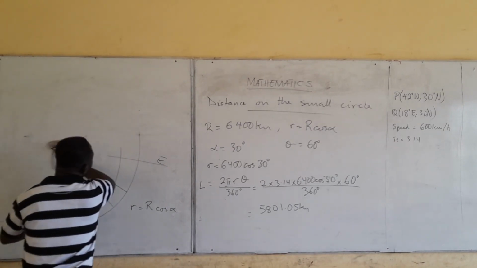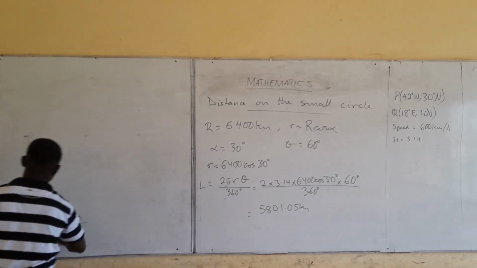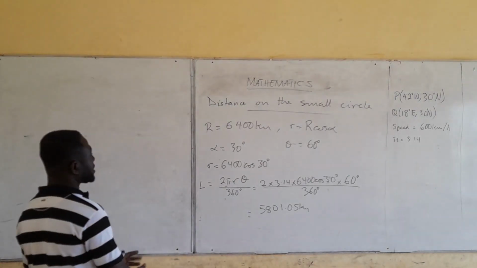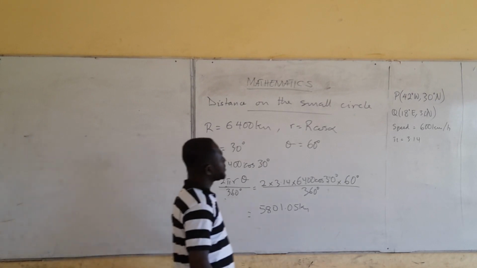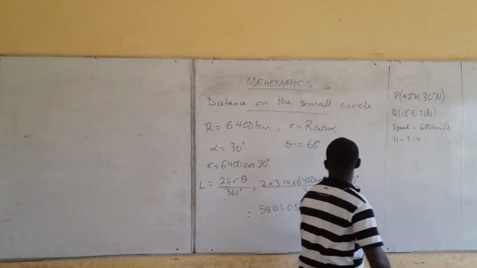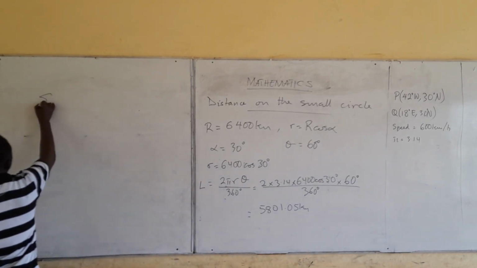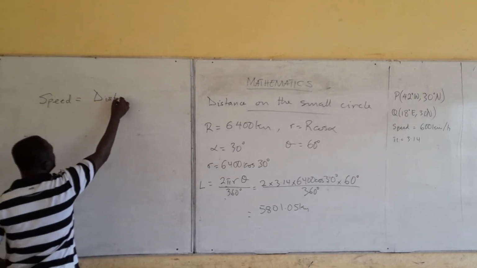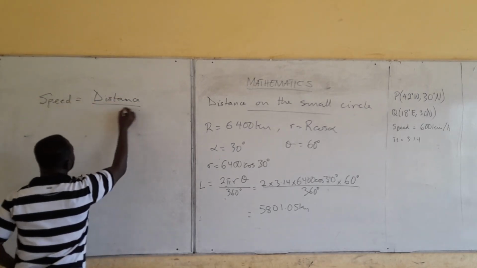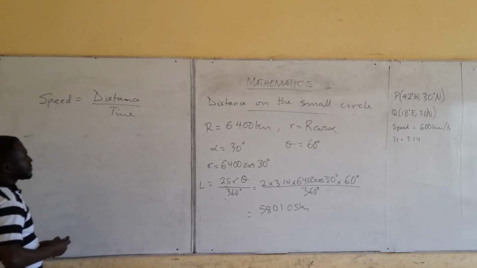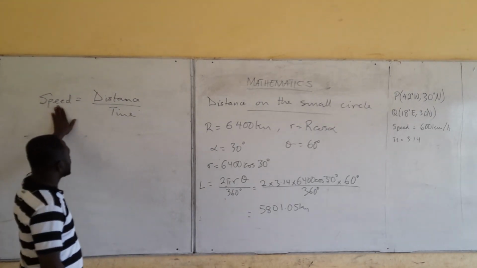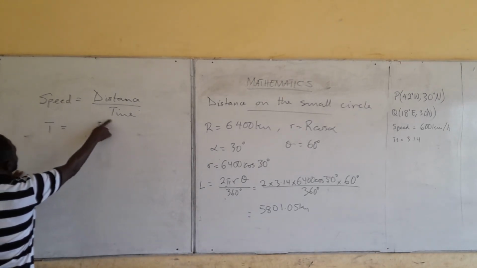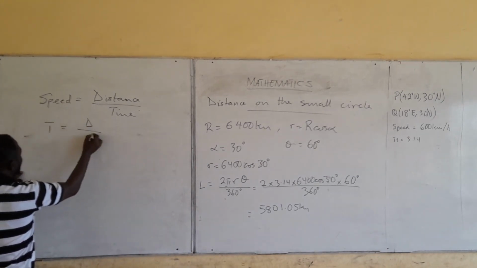Now we are also told to find the time, for a pilot flying at 600 km per hour. So before then, our speed is equal to distance over time. We are given the speed, so we need time. So we need to make t the subject. So t becomes distance d over speed.